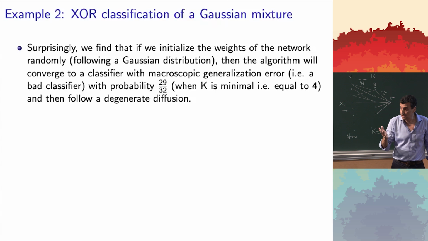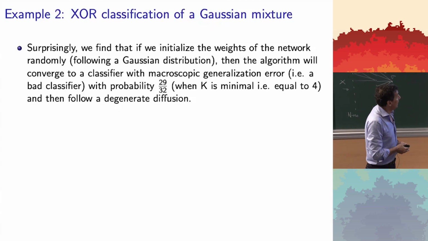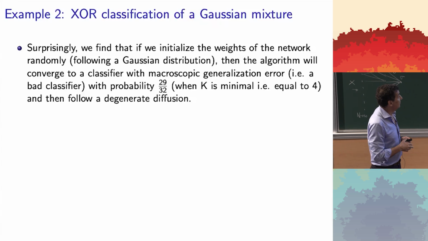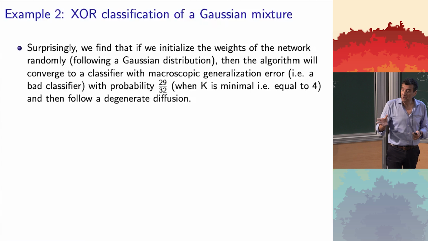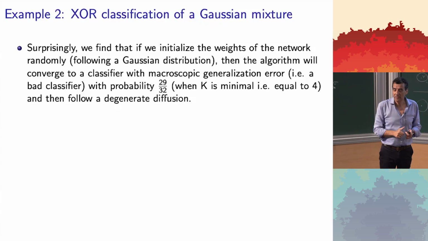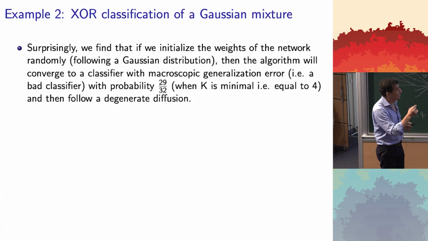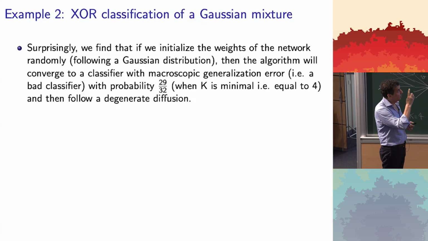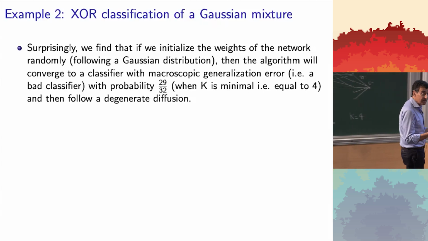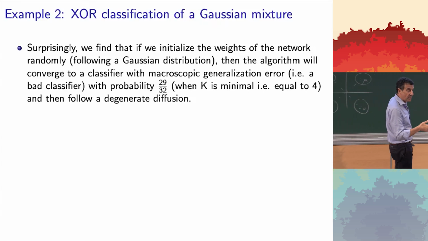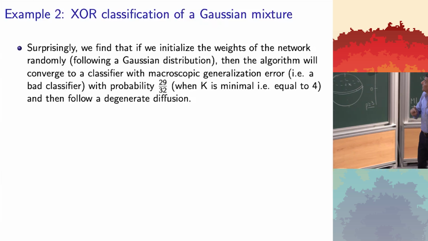If you initialize your network randomly, like you have no information, say with a Gaussian distribution, then the algorithm will converge, the algorithm will be good in short time, will converge to a classifier, will be bad, I'm sorry. Converge to a classifier with a macroscopic generalization error. That is a bad classifier. Something bad, it doesn't classify. With probability 29 out of 32.